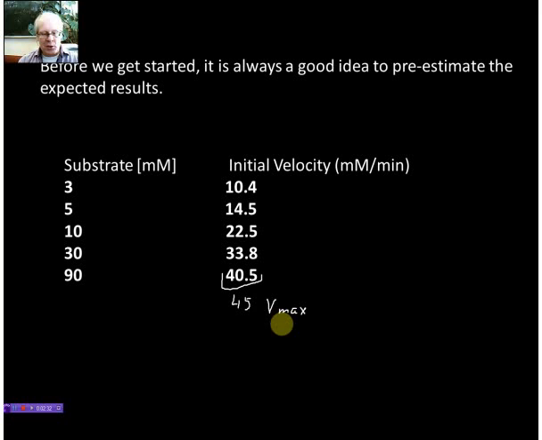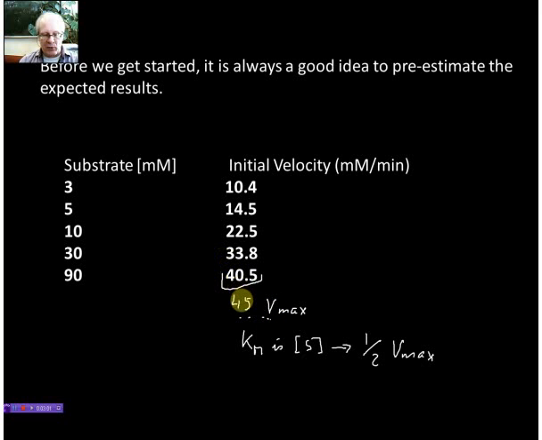What we then can do is we can say, okay, Km is actually defined as the substrate concentration that results in half of Vmax. So in order to find Km, what we need to do is take our Vmax guesstimate here, take half of it.